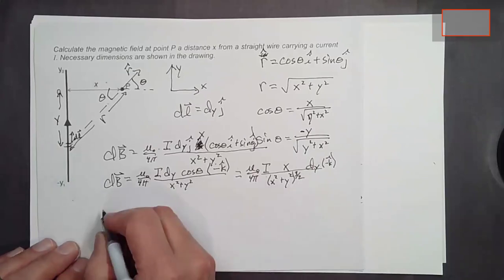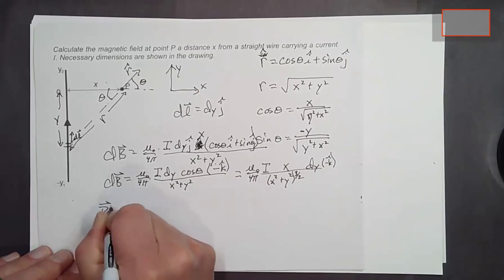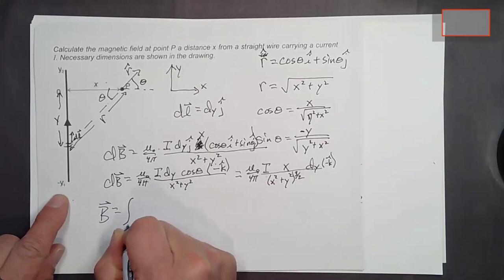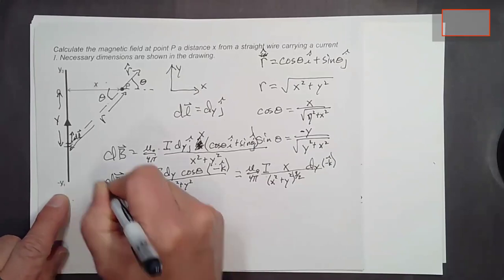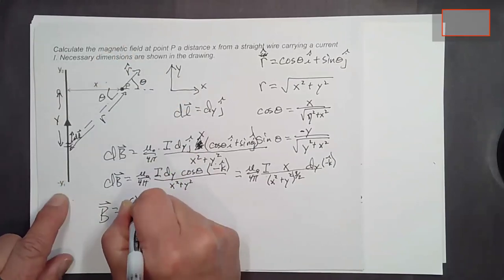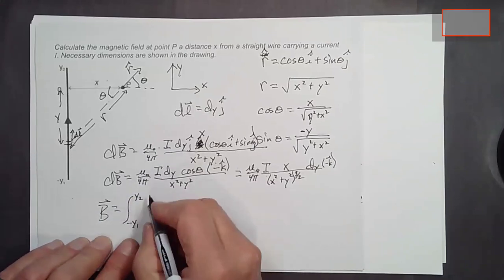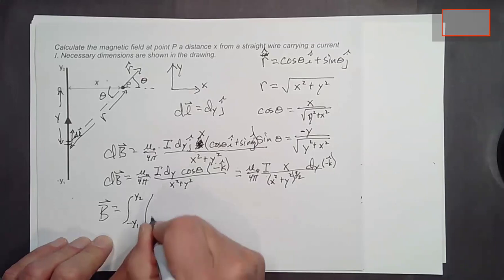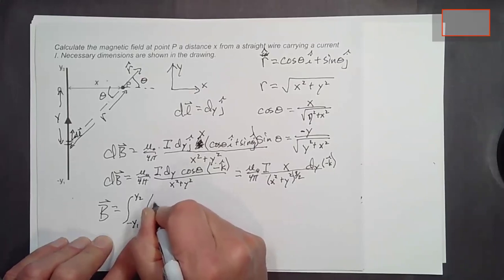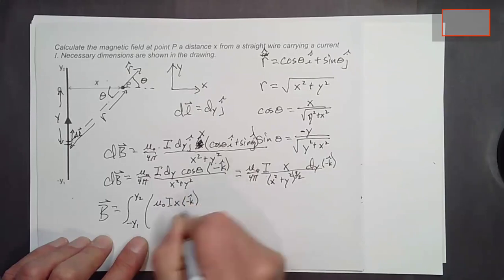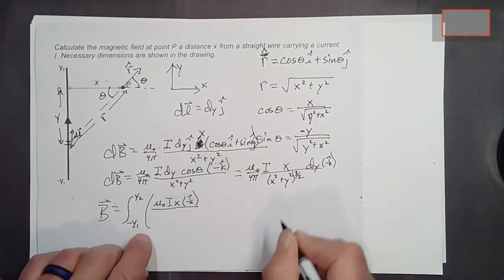So I'll have B will equal the integral for y going from minus y1 up to y2. And then, whoops, I'll just wrap them in parentheses for now. Mu naught I x and minus k hat. All of those things are constant in this expression.